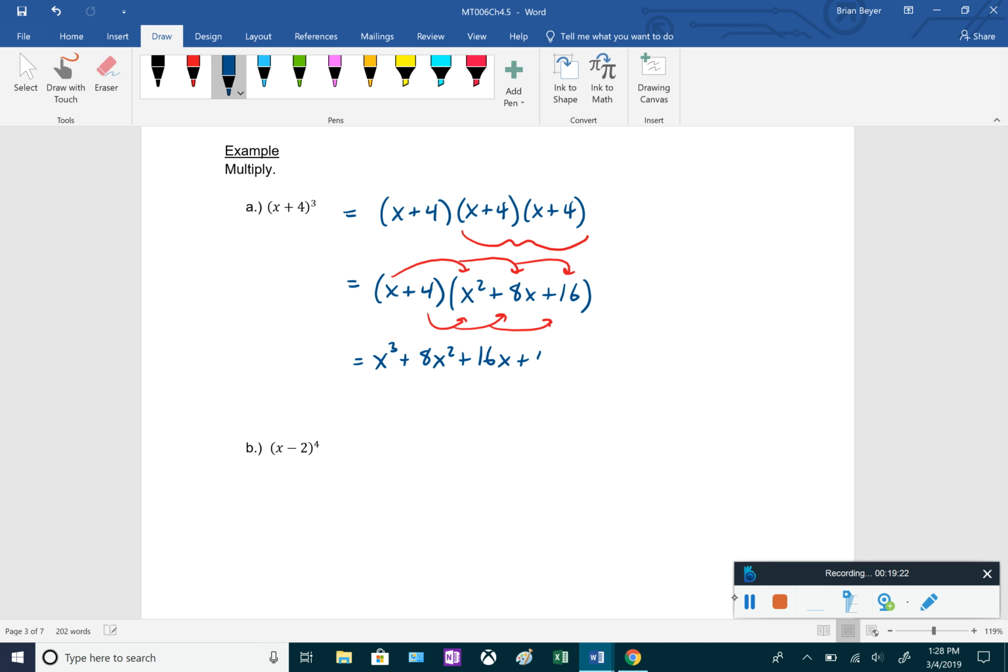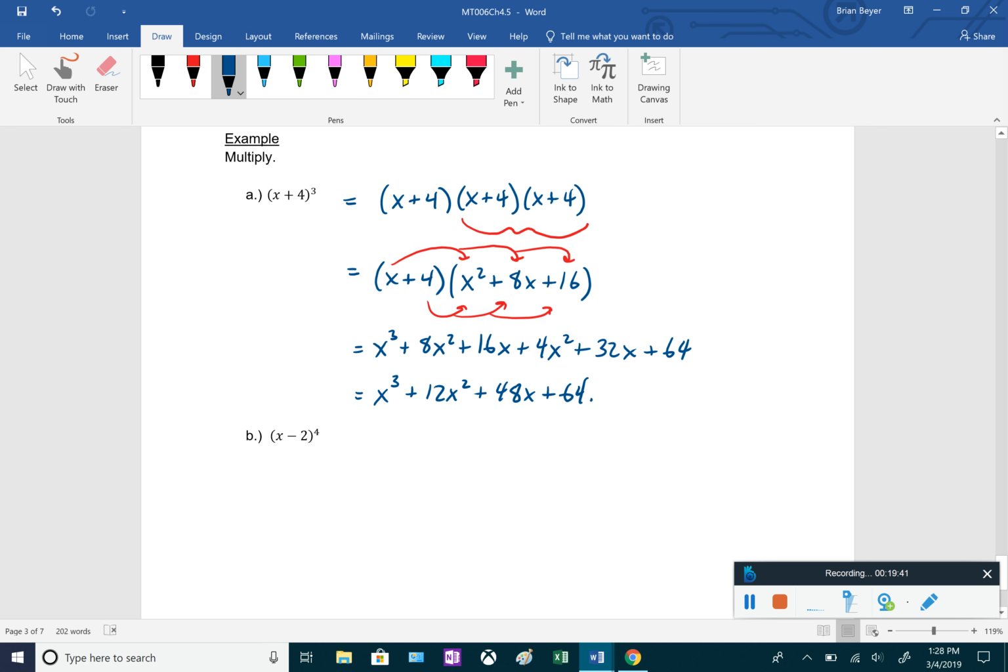Multiplying the 4 through, we get plus 4x squared, 4 times 8x plus 32x, 4 times 16 plus 64. Combine like terms, we get x cubed plus 12x squared plus 48x plus 64. So a little bit longer, but still pretty doable.